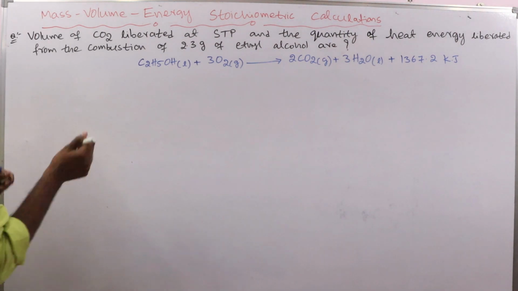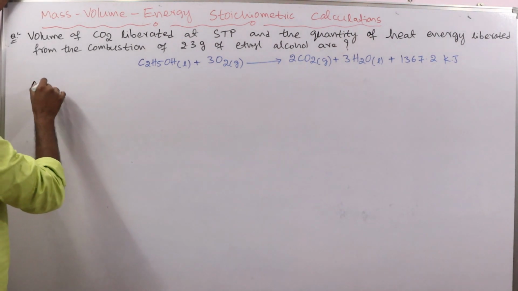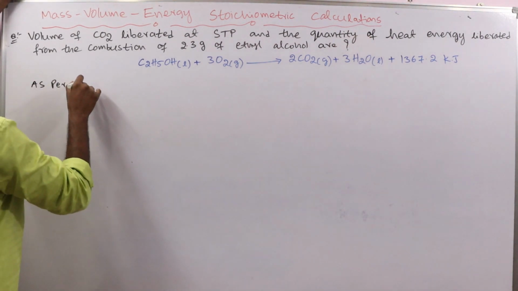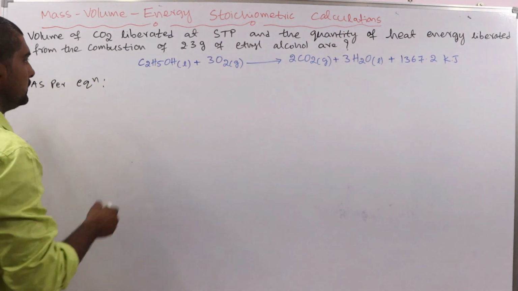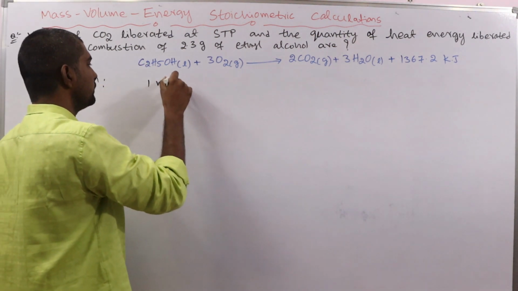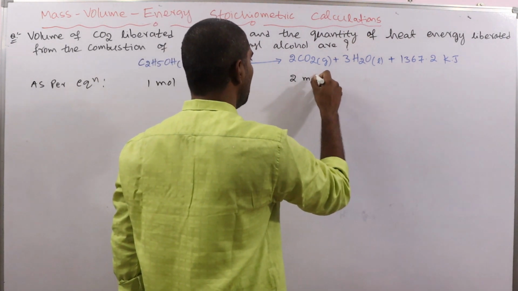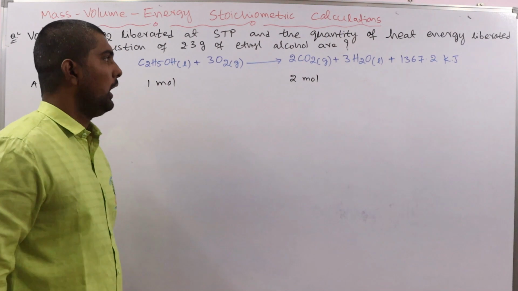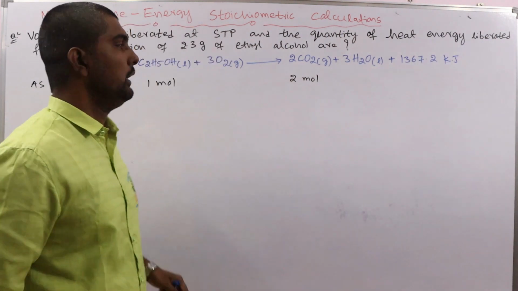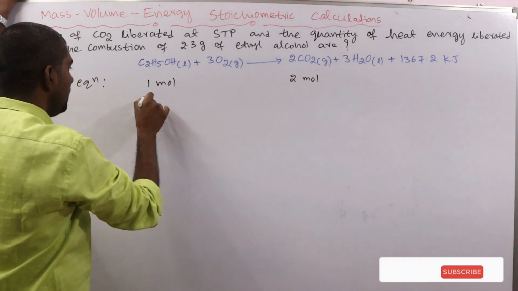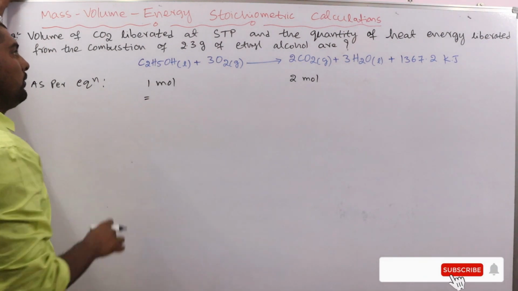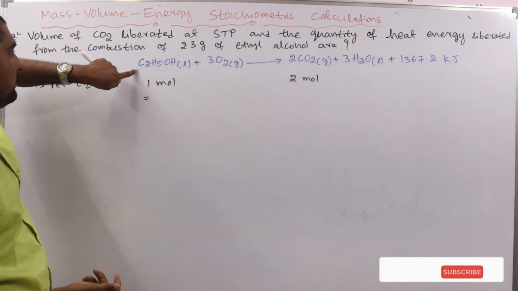As per the equation, 1 mole of ethyl alcohol gives 2 moles of CO2 and this much heat energy. Here we have to consider the weight of the ethyl alcohol, which is the molar mass.